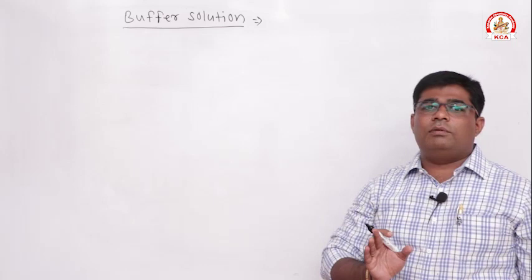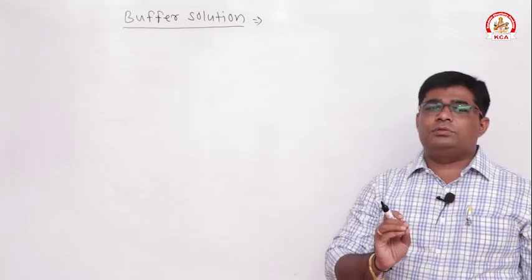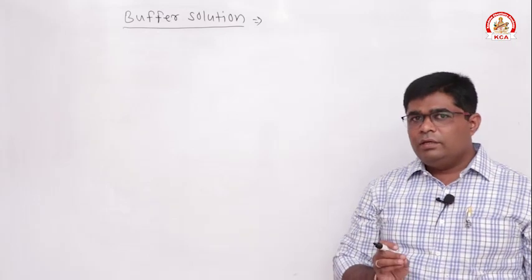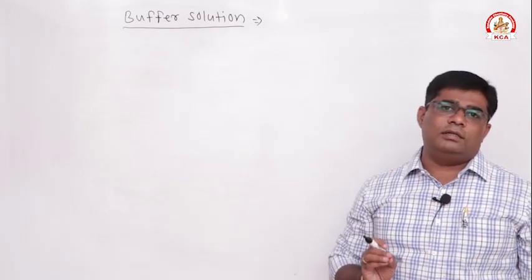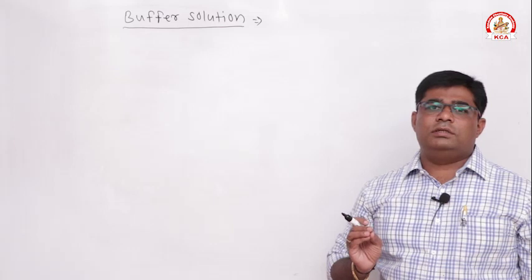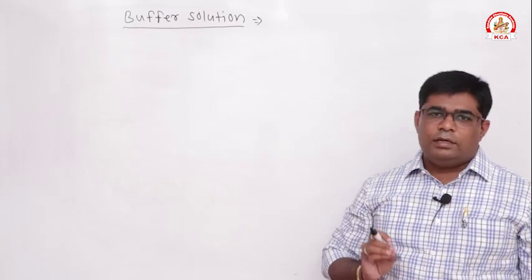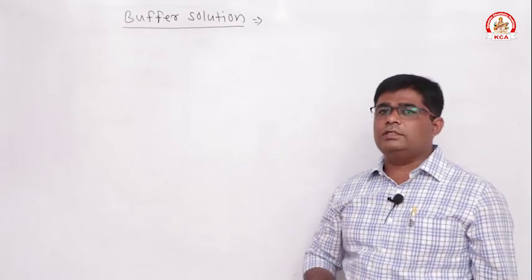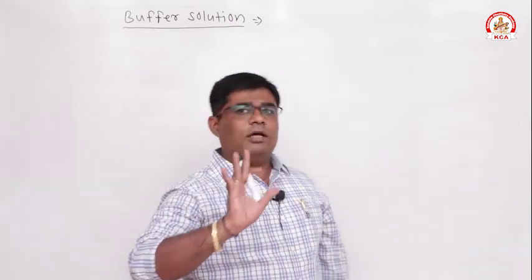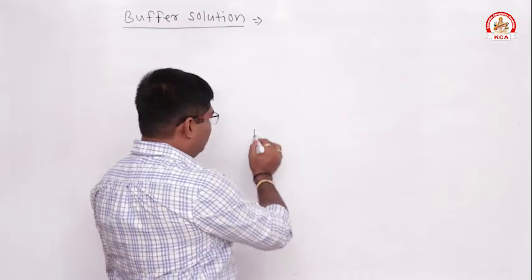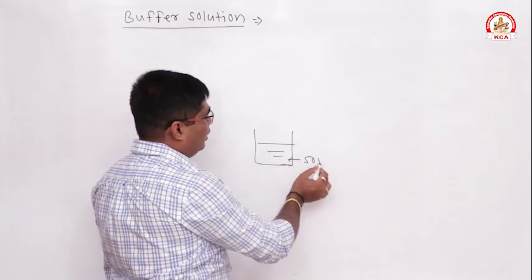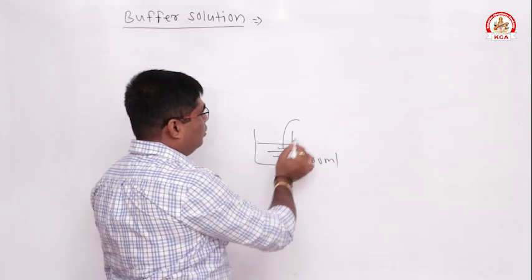And if we add a small amount of strong acid, किंवा थोडंसं जरी स्ट्रॉंग बेस ॲड केलं तर याचा pH चेंज होत नाही. Its pH does not change by addition of a small amount of strong acid and strong base, म्हणजे small amount. नाहीतर असं नाही चालणार की हा बफर सोल्युशन, whose volume is 500 ml and add 1 liter of strong acid.